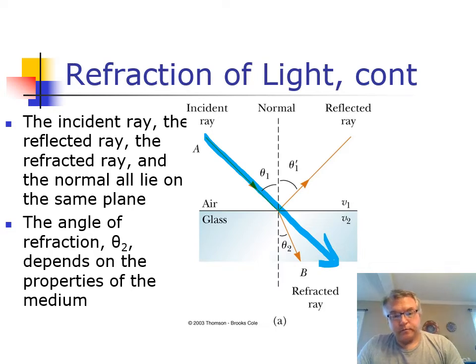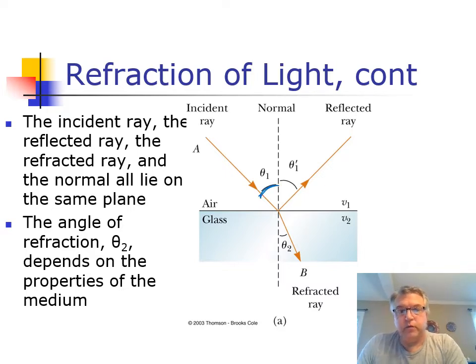So just as we did before, we have our angle of incidence, and we always measure these angles from the normal. So the angle of incidence is the angle between my incident ray and the normal. Then I have my angle of reflection, which is right here. That is the angle between my reflected ray and the normal.